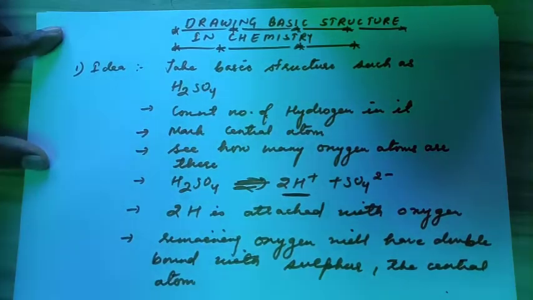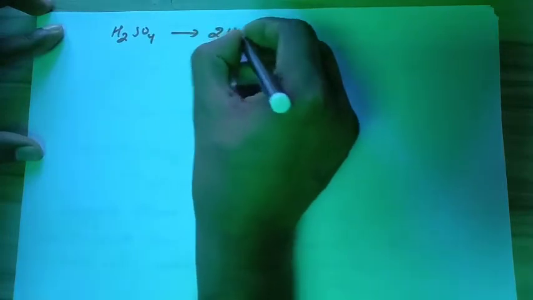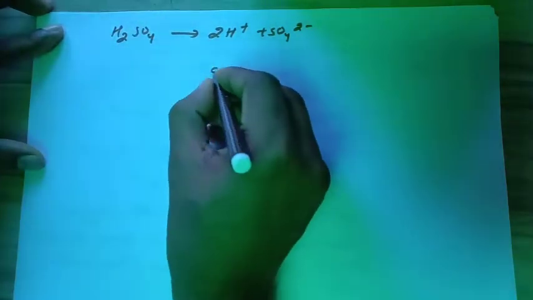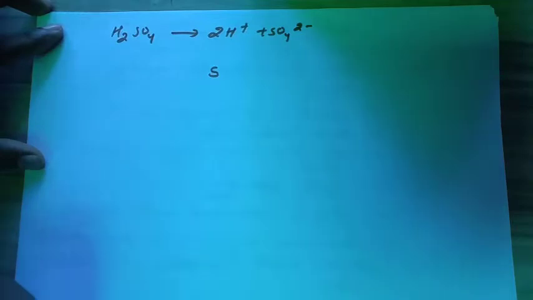Let's draw the structure. Take H2SO4. It can be broken as 2H+ plus SO4 2-. It means the basic structure of H2SO4 will be: take sulfur as a central atom.